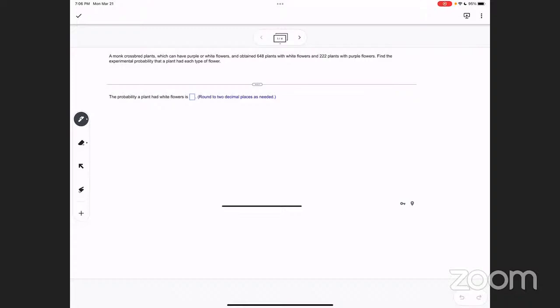So there's an intersection here, I'm assuming. Right? And the total number in here was 648 that had white flowers and 222 that had purple flowers. They didn't tell us how many plants. Well, I assume you just add them together.